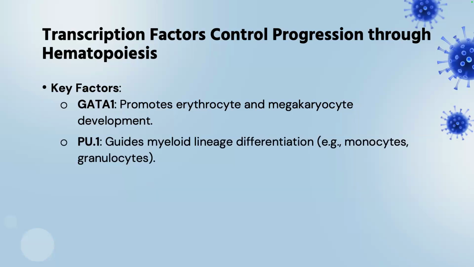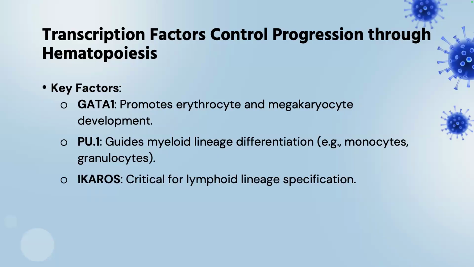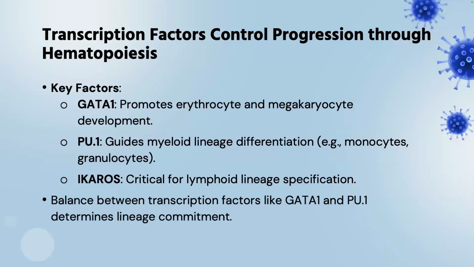PU.1 guides myeloid lineage differentiation. Ikaros is critical for lymphoid lineage specification. And it's not just the presence or absence of these transcription factors that is important, but also the balance. So for example, the balance between transcription factors like GATA1 and PU.1 will also help determine lineage commitment.